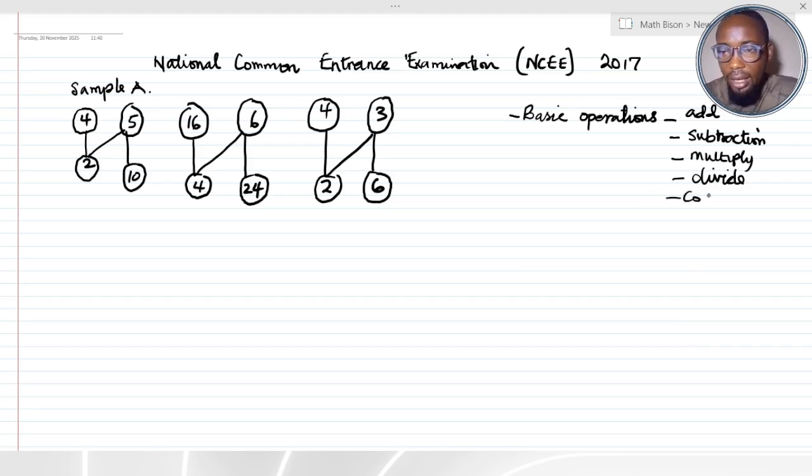A combo pack is just a mix of any of these, like addition combined with subtraction, addition combined with multiplication, addition combined with division.